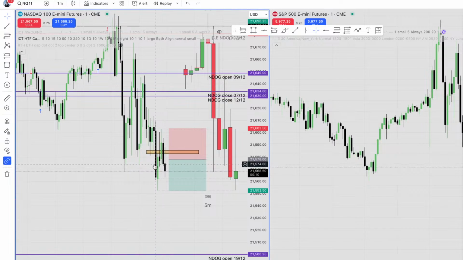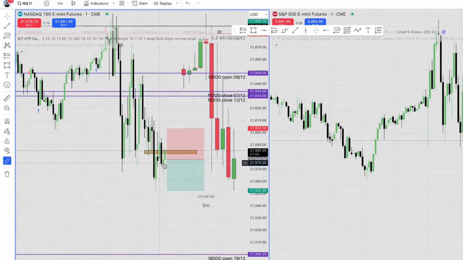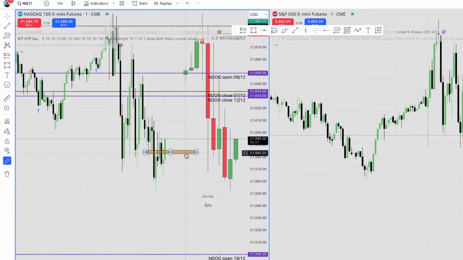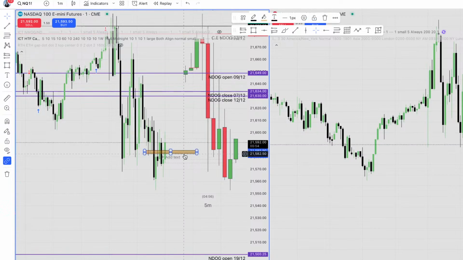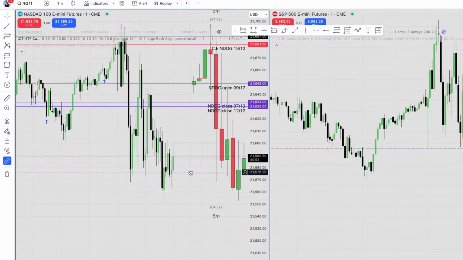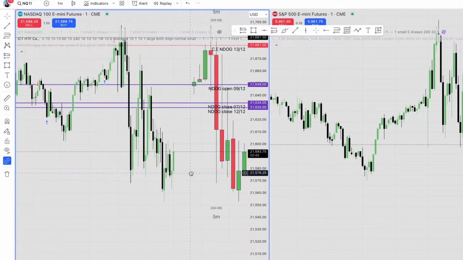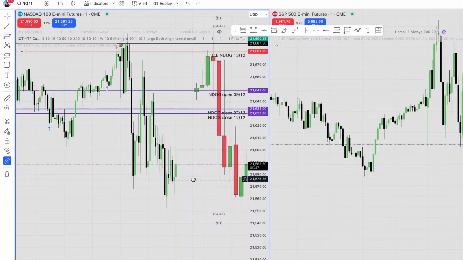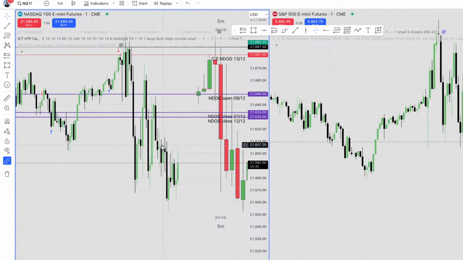It closed below, but so little. Okay, thankfully I didn't there. The candle body tells a story. You need to be patient. And this is very bad. This is very bad pricing.